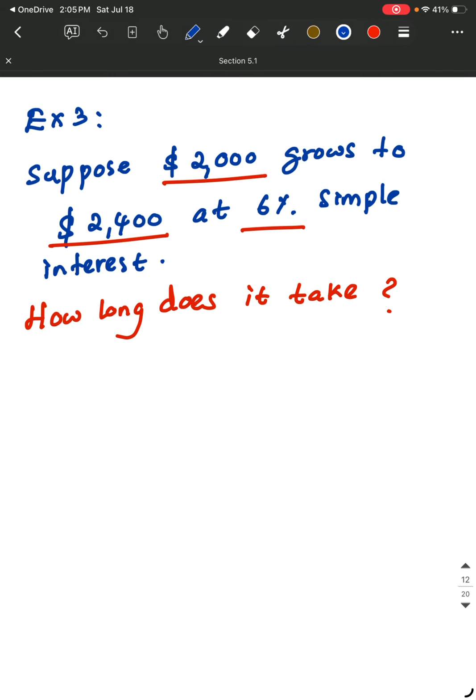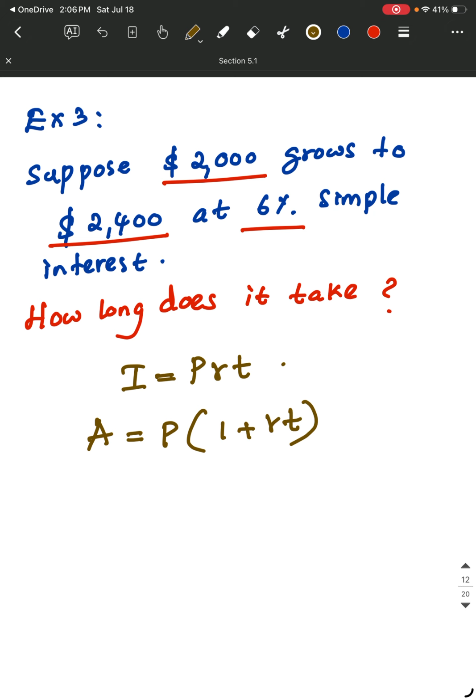So let's use the same formula. I equals P times R times T, and the accumulated amount A equals P times 1 plus RT, because we want to find out the T with given accumulated amount A, 2,400, principal amount 2,000, and R 0.06.